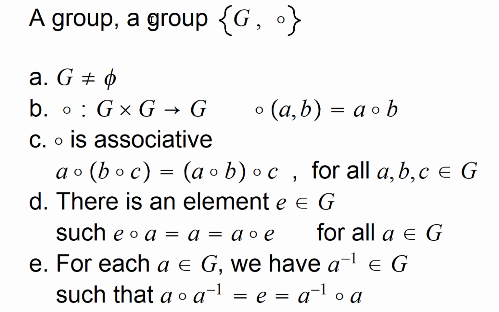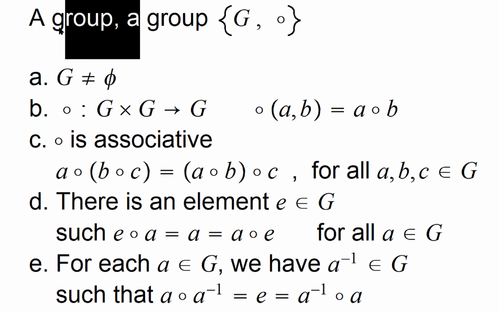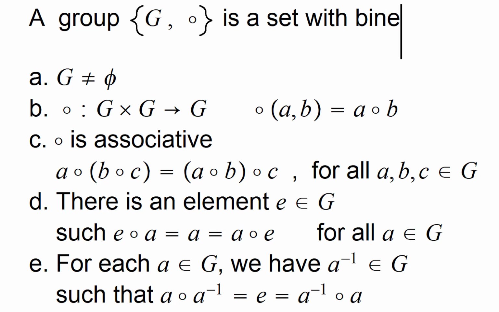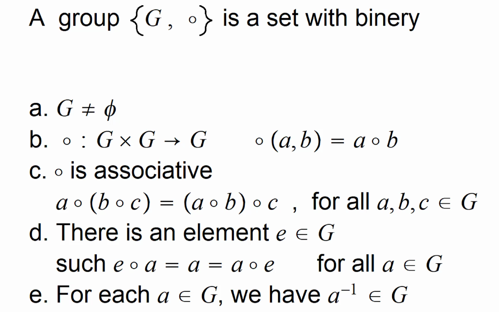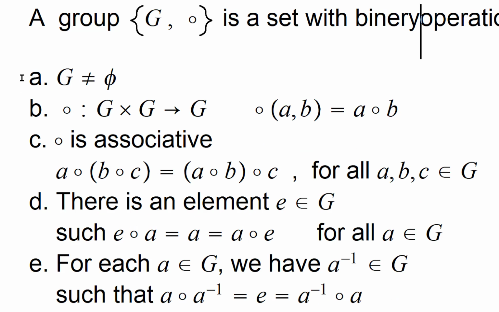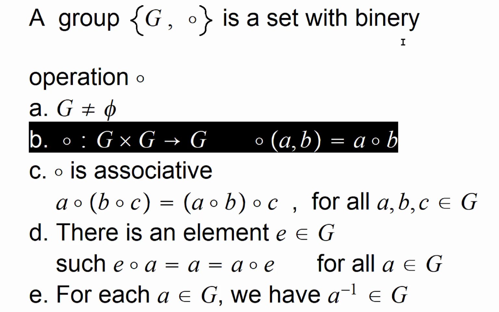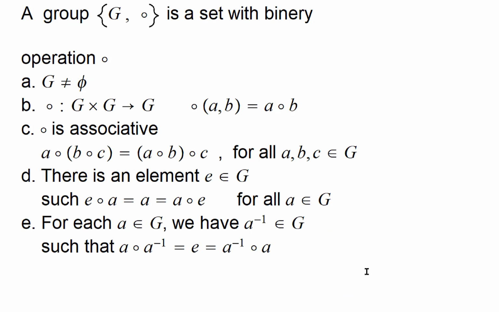So let's write: a group G is a set with, let's call it, a binary operation O. And of course, when I said binary operation, that means this is already included, but let's be tolerant with those kinds of extra statements.